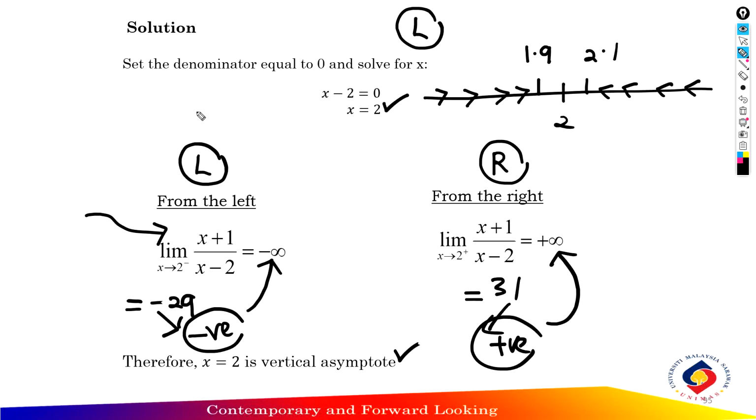Okay, that is the first method to find the vertical asymptote of the rational function.